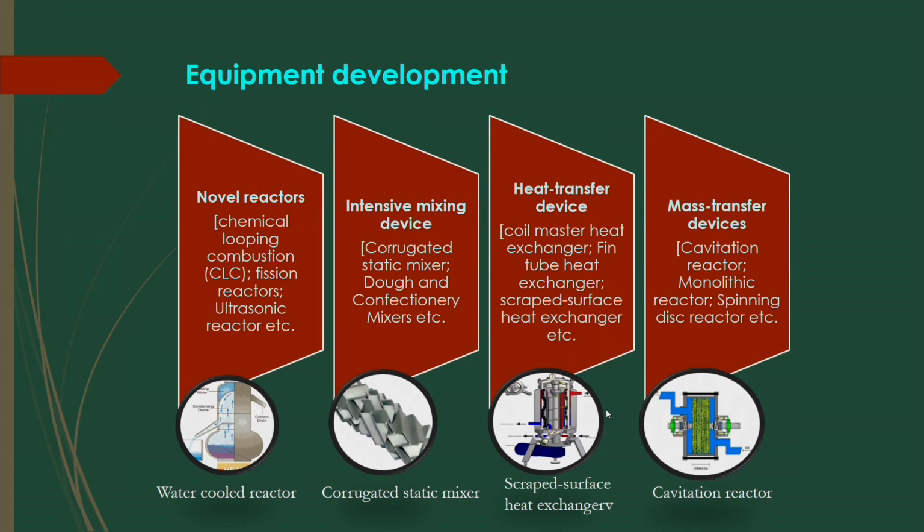And also intensive mixing devices are to be developed. Sometimes you have to have homogenization of the fluid mixture in the reactor. So, you have to mix the fluid in an intensified way. So, you have to develop mixing devices where gas-liquid, or gas-liquid-solid, or solid-gas are to be mixed in the reactor.